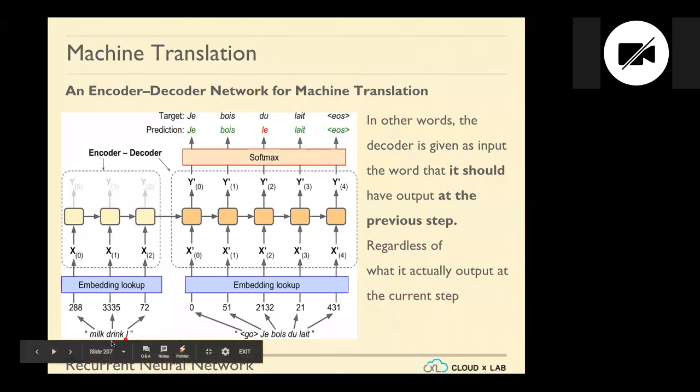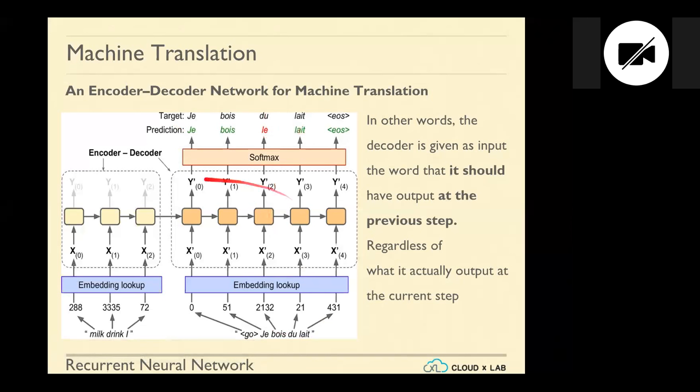So this is our English sentence. This is our corresponding French one, and then we are expecting a certain result here. There will be a difference, something like this, and for this we'll be tweaking various weights in the neural network so that the predictions are the same as the target.